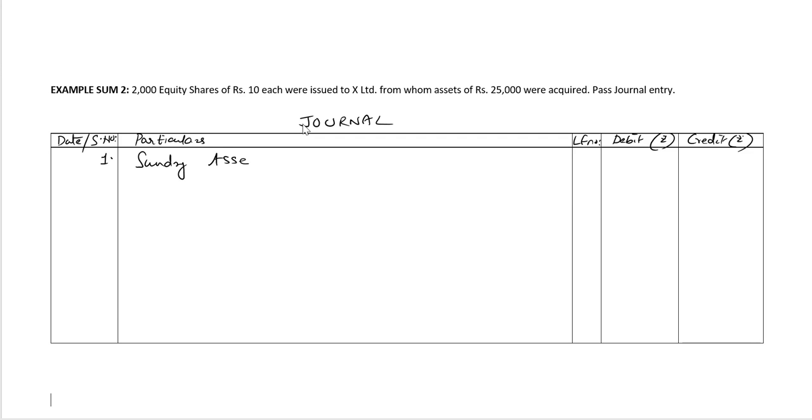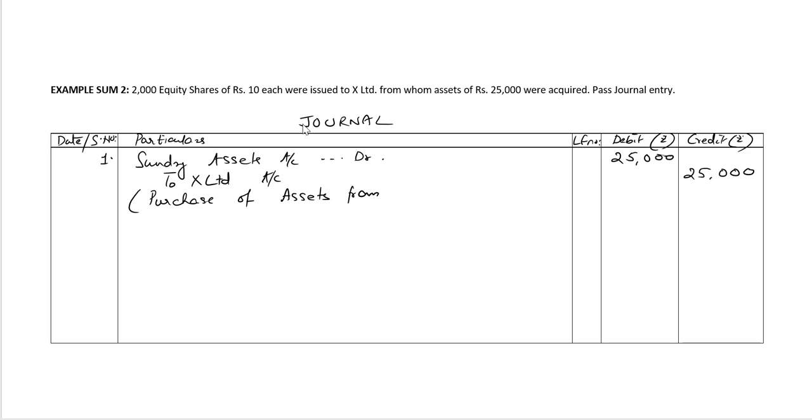Sundry assets account debit, assets purchased 25,000 rupees, to X Limited account, amount payable 25,000 rupees. Purchase of assets from X Limited.